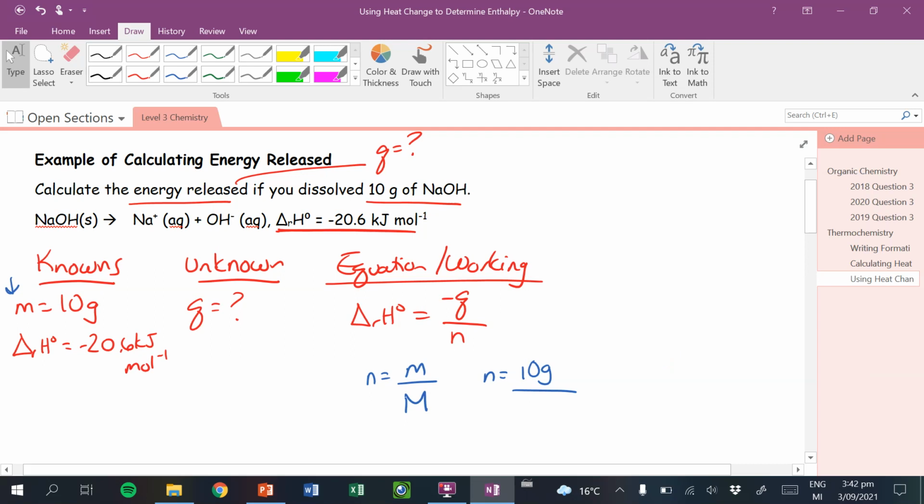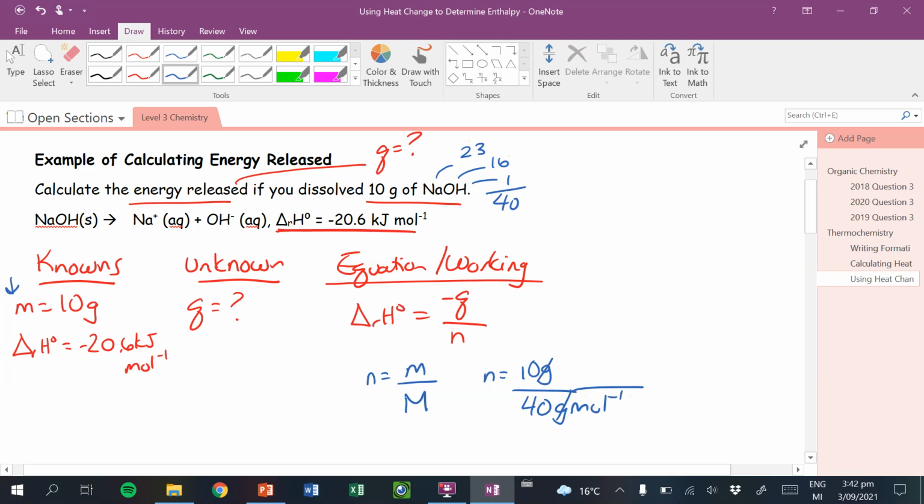Now, if I quickly look that up, which I should just look up sodium because I know the other ones. So sodium is 23, the oxygen 16, and the hydrogen is 1. So basically, I am working with 40. So divided by 40 grams per mole.